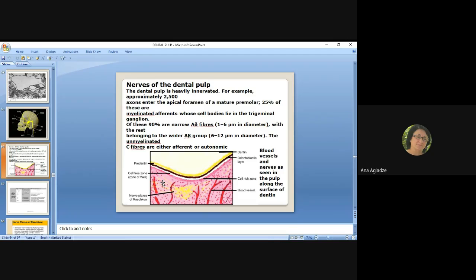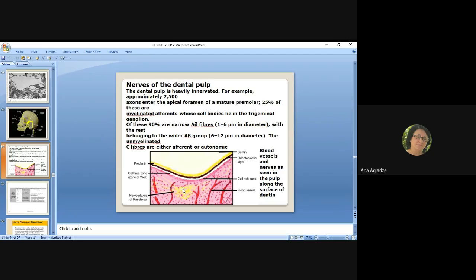This nerve plexus is not formed until eruption and takes on its final form after eruption is completed. When the tooth root is fully developed and development of the primary dentin is completed, the Raschkow plexus begins to be shaped under the pulp horns, from which it extends in the direction of the root pulp.